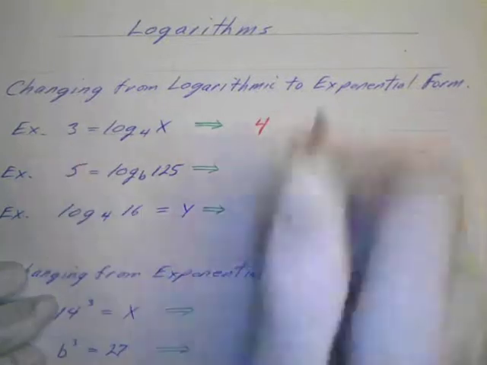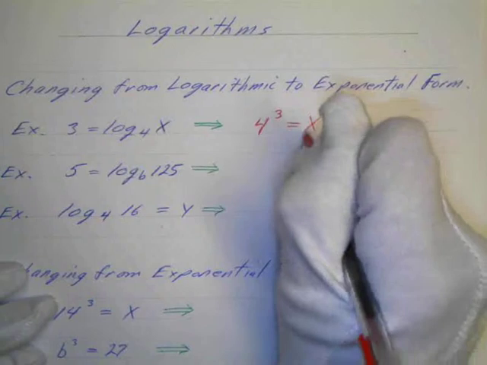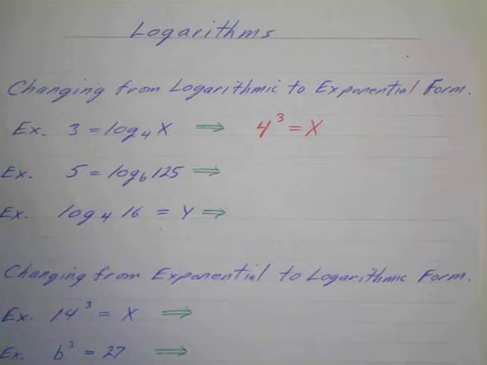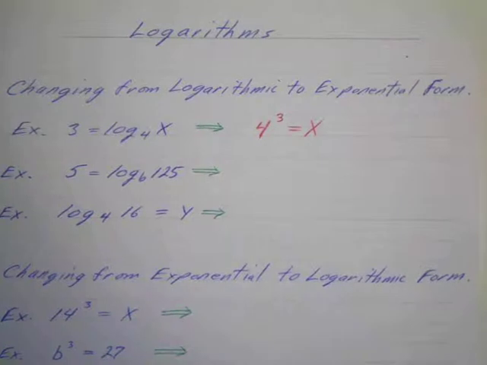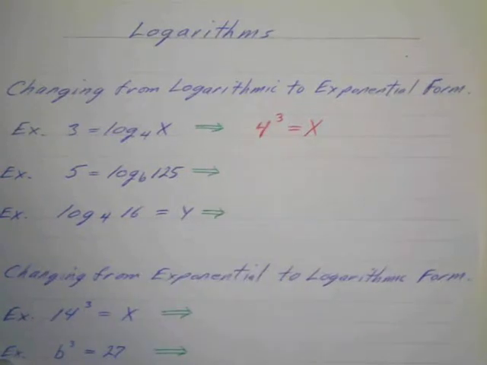This is my exponent, 3. And there's my answer, so that equals x. And that's all we have to do. We can evaluate that if we can. In this case, we could. 4 times 4 is 16, times 4 is 64. But this is all right. We're going to change it from logarithmic to exponential form.